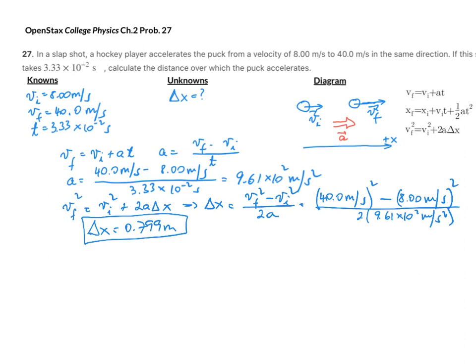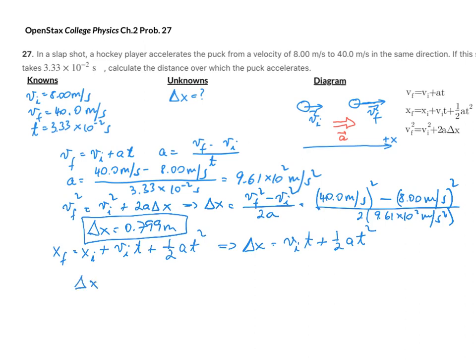All right, how about we use the other equation? We have x final equals x initial plus v initial t plus 1/2 a t squared. What I'm looking for is delta x, which is x final minus x initial, so that will be v initial t plus 1/2 a t squared.